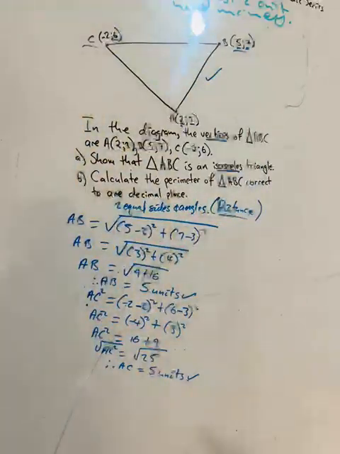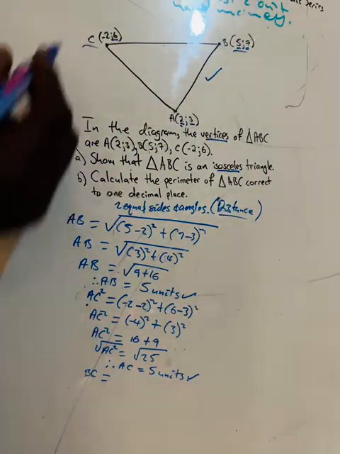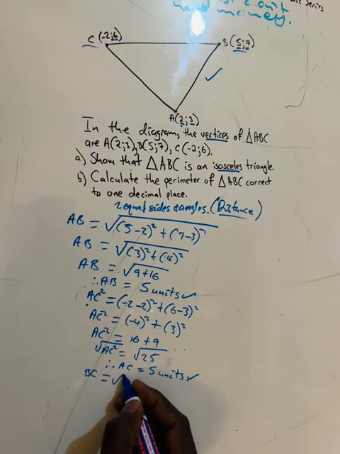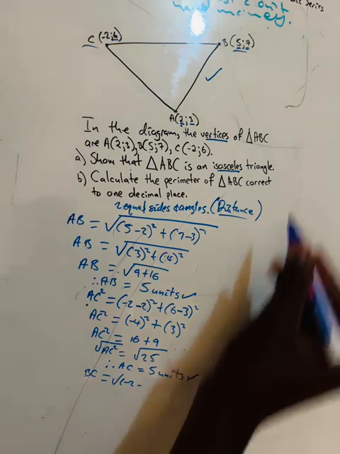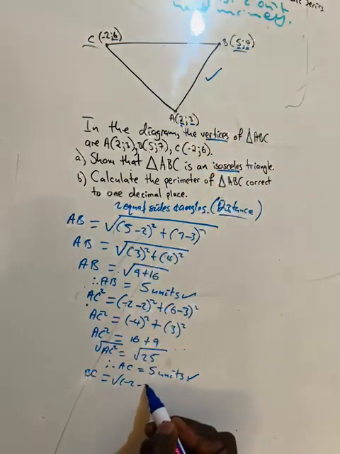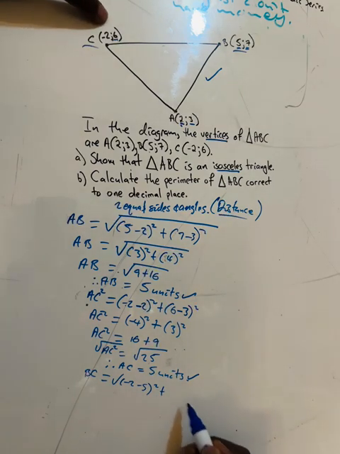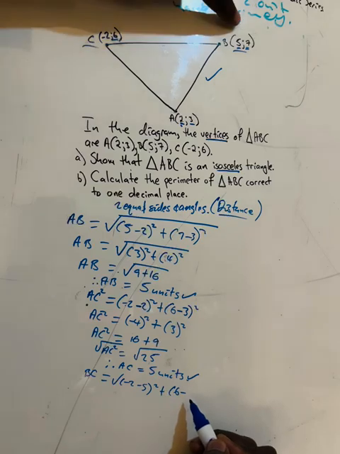BC or CB. So we say BC is equal to the square root of, open bracket, our x at point C, which is -2, minus our point B, which is 5, close bracket, squared, plus our y there, which is 6 at point C. So we say 6 minus our y there, which is 7.